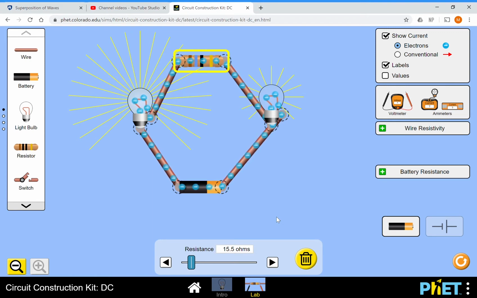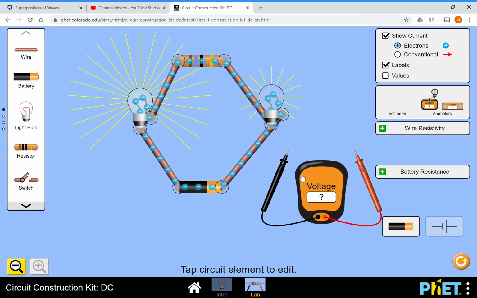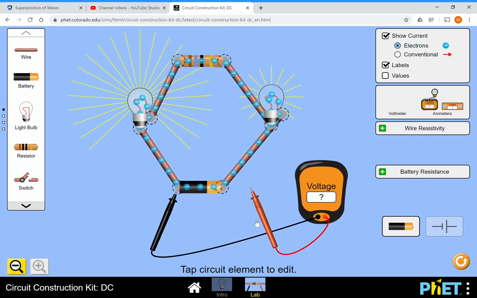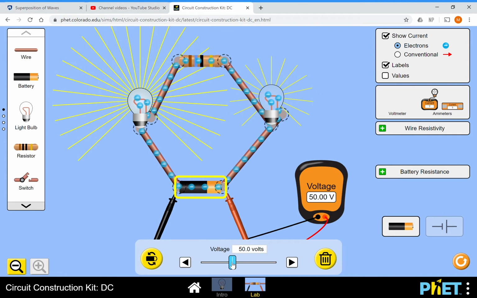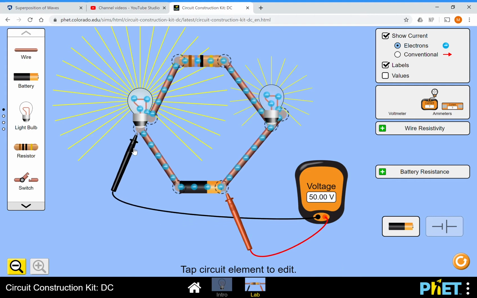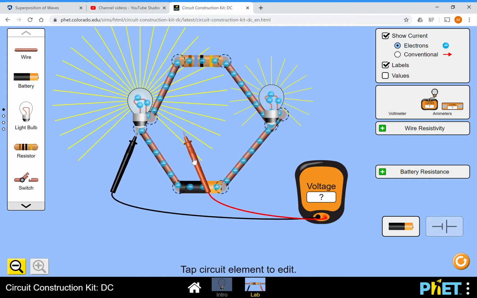They each get the same current, but they don't necessarily have the same voltage. To show you that, let me show you this voltmeter here. The battery voltage that I set it to was 37.5. Now let me change that number a little bit. Let's change it to 50. So I have 50 volts. If I were to measure the voltage drop across the first light bulb, I get 31.93.